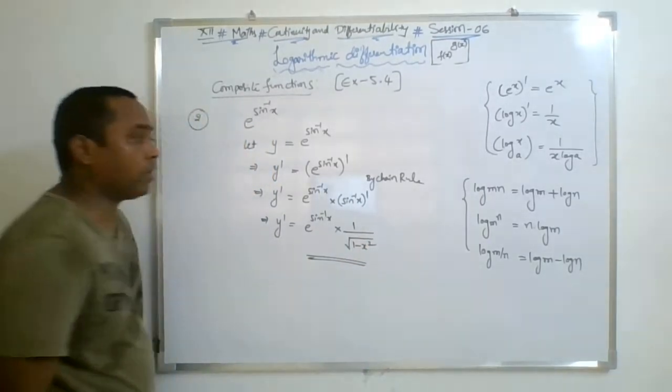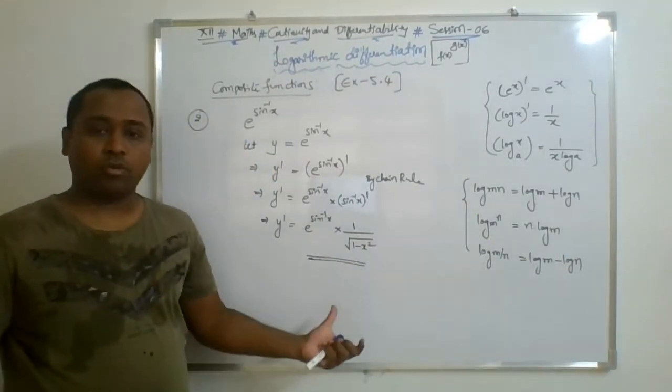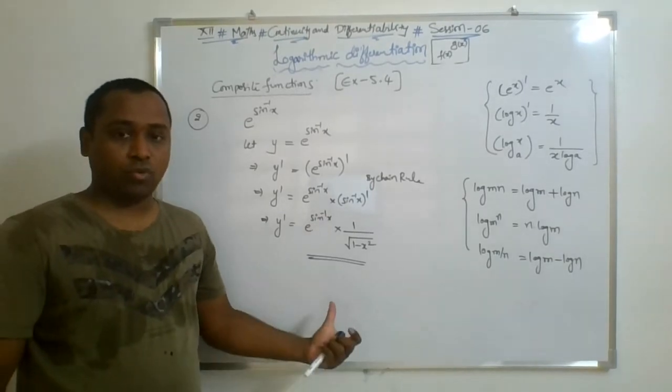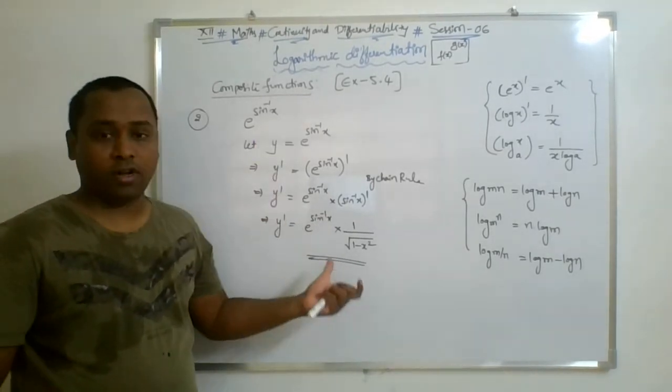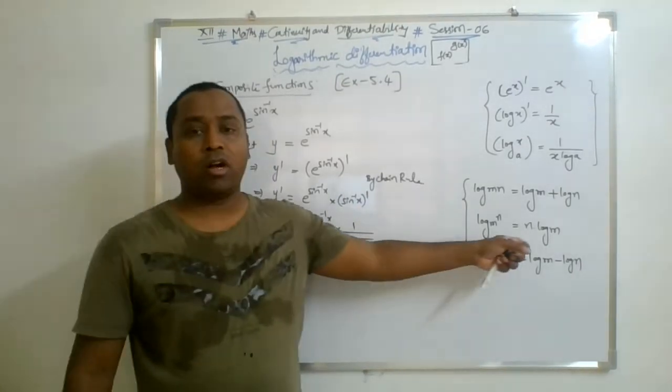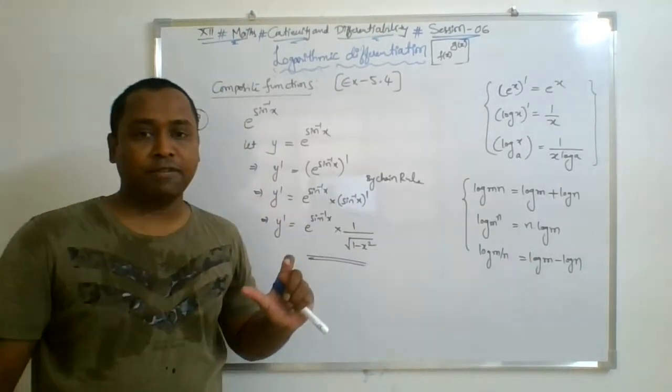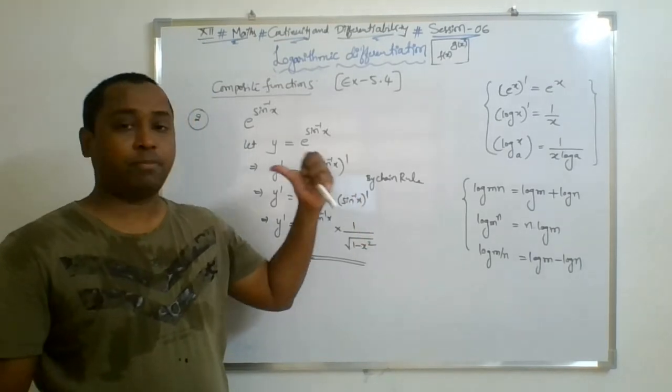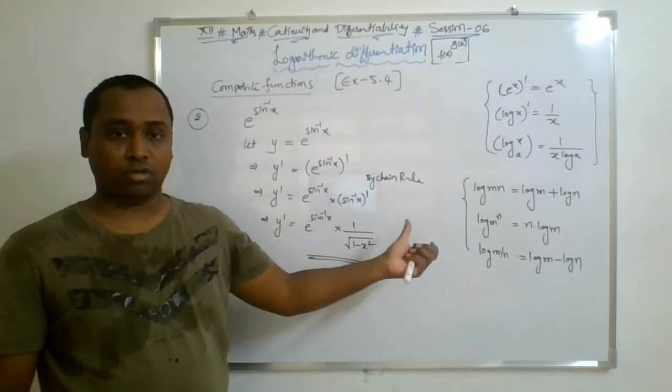This is answer over. It's simply a chain rule. But in this chain rule, in our composition of functions, we have exponential and logarithmic functions. That is the only difference between the previous session and this session.